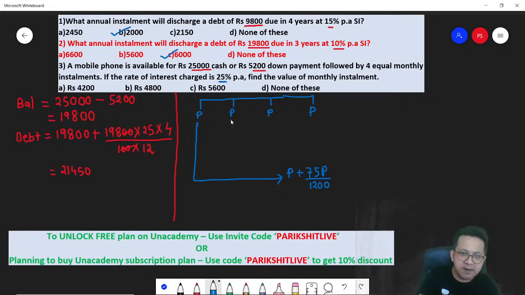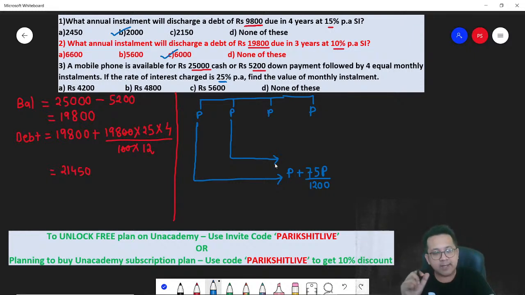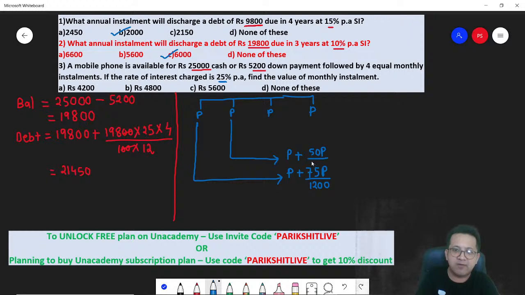Next, second month. At the end of 2 months, you return another P. So what is the bank going to do? The bank is going to take your money and put it in their savings account, for 2 months. Why? Remember, the money was due only at the end of 4 months. You paid 2 months in advance. So 25 into 2, 50P, 2 months, divided by 1200.